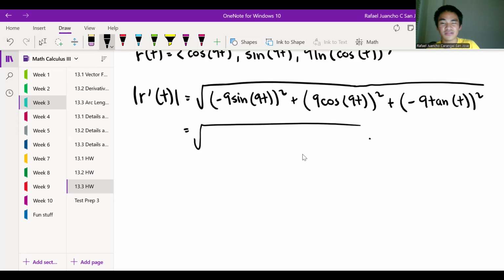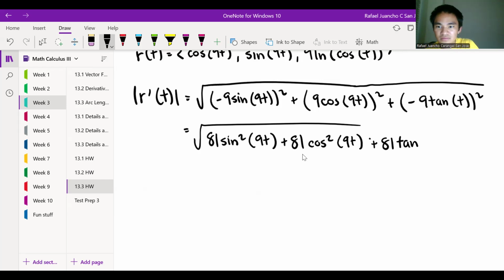So here we can say this is positive, so 81 sine squared of 90 plus 81 cosine squared of 90. And I can actually clean this up even more. Yeah, let's keep doing that. And we have another thing here, plus 81 tangent squared of t. Great. And now we can factor out the 81, and we can actually put it outside.